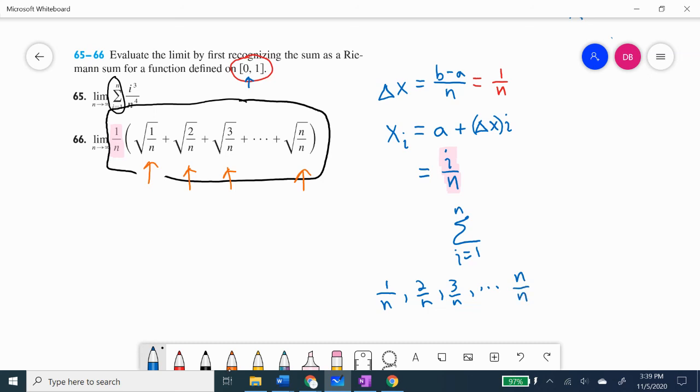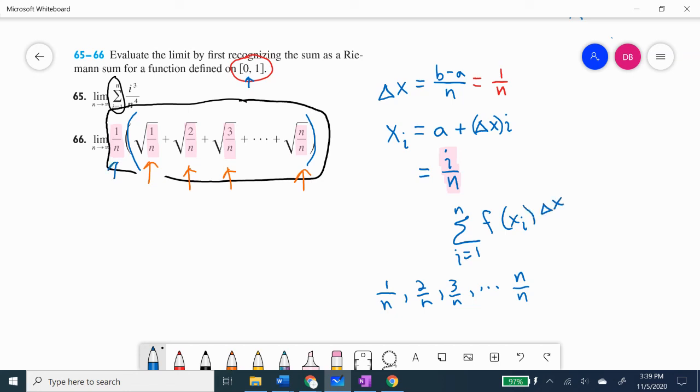When I look at what is not the factor 1 over n, and then I identify 1 over n, 2 over n, 3 over n, all the way through to n over n, I can see that each of them is representing an x sub I in my function, because my sigma is using the formula f of x sub I times delta x.